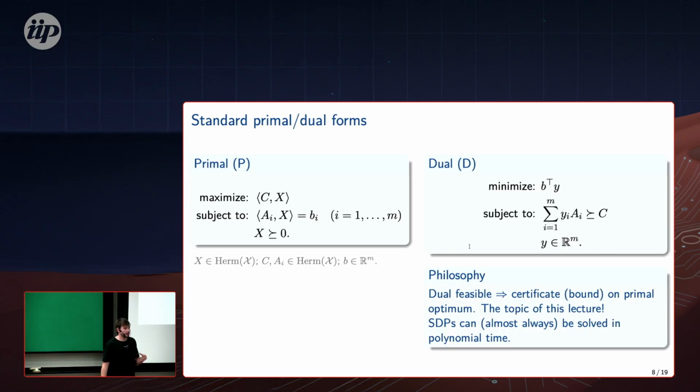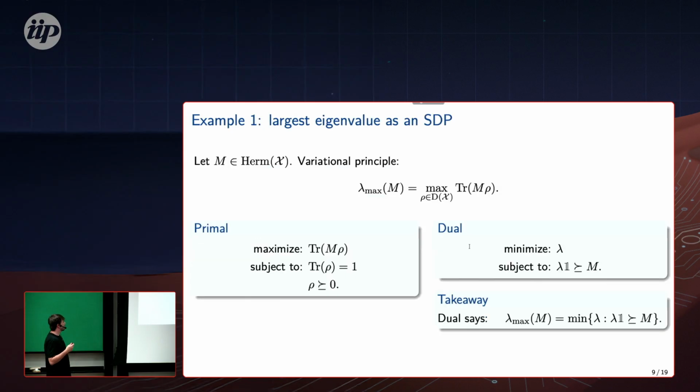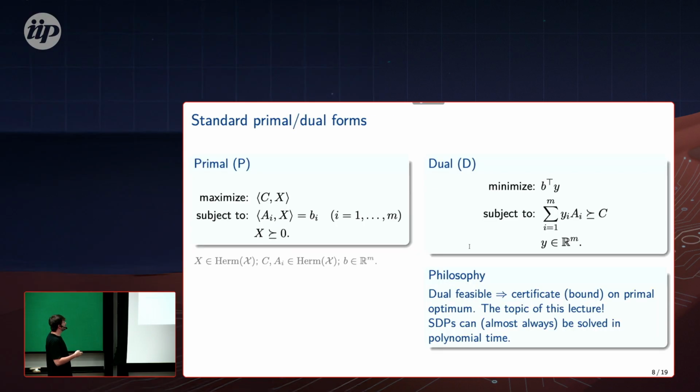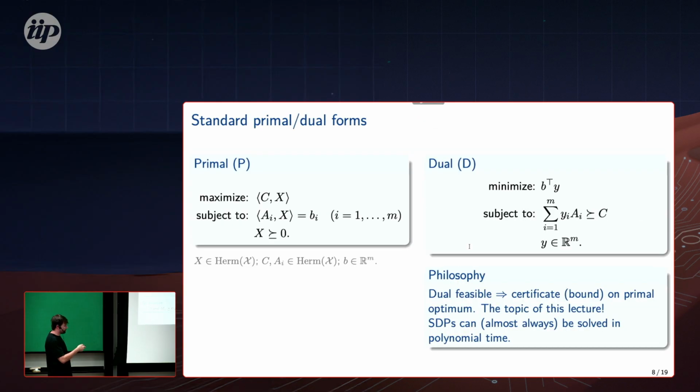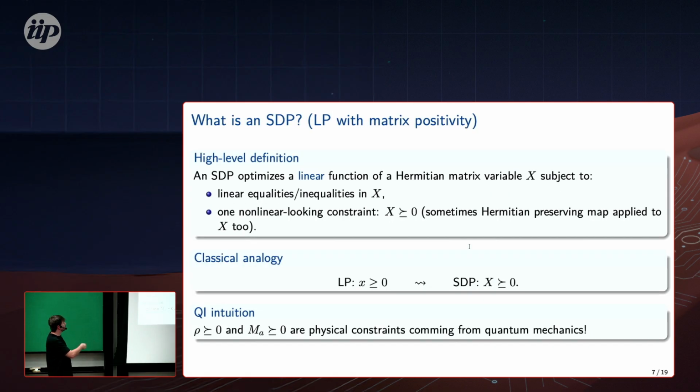So if someone claims they have an SDP, in principle, it can be massaged into something like this, maybe adding a few variables, blowing up the dimension or something like this, but it can always be written like that. So as I said, you have these linear equalities over here, and this one nonlinear looking constraint, X positive semi-definite.